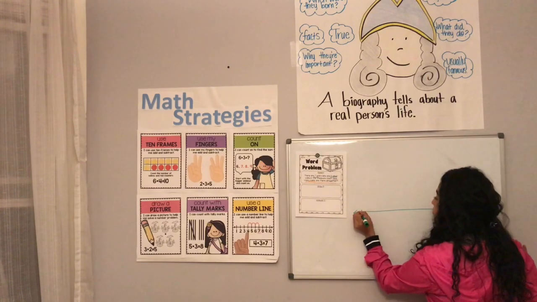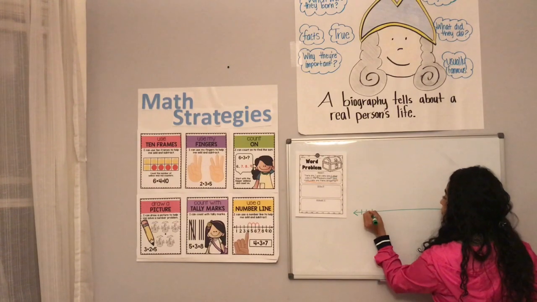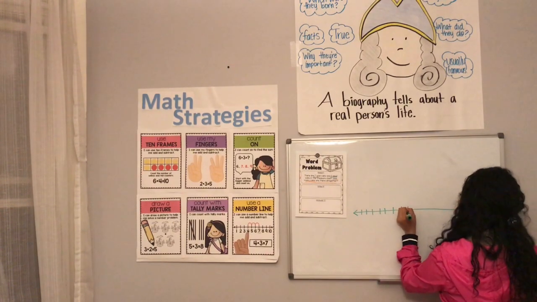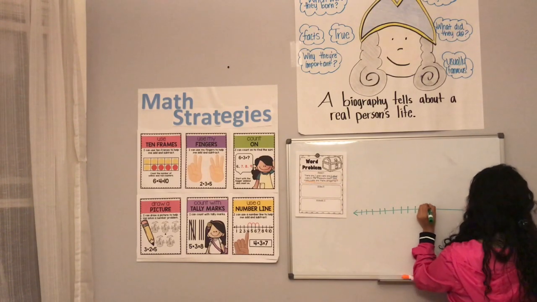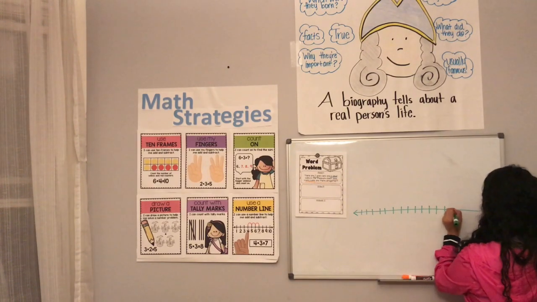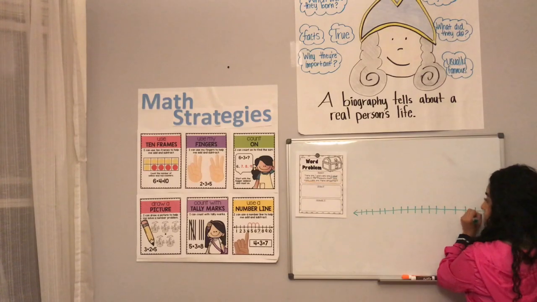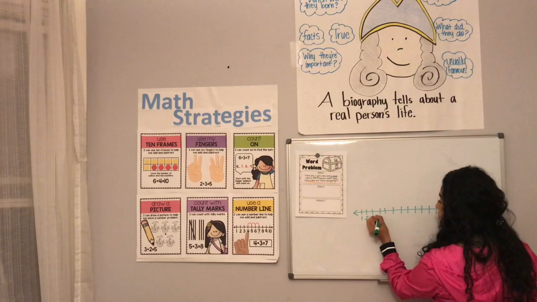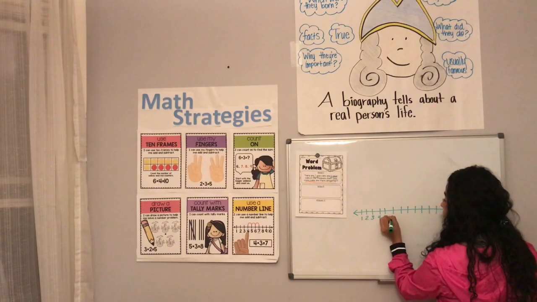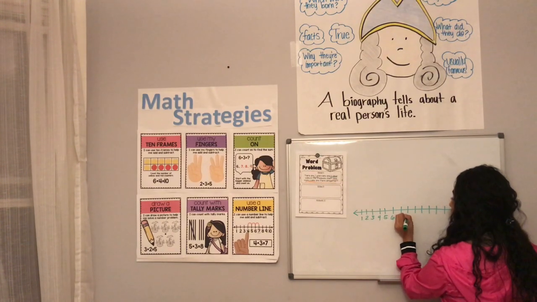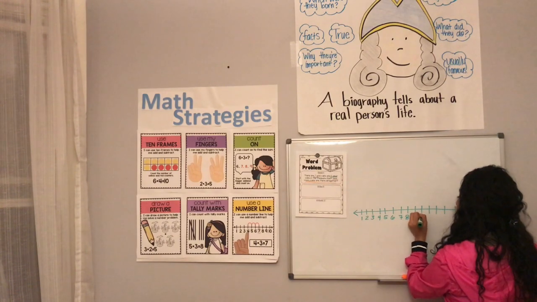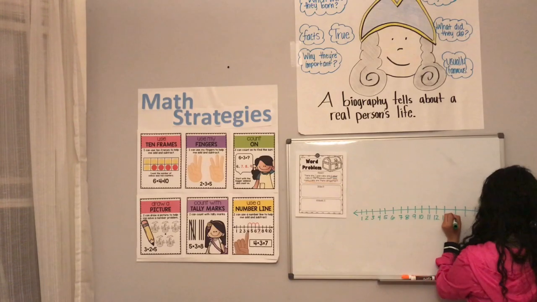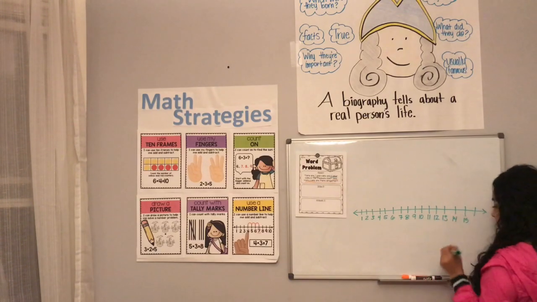So here is 1, 2, 3, 4, 5, 6, 7, 8, 9, 10, 11, 12, 13, 14, 15, 16.